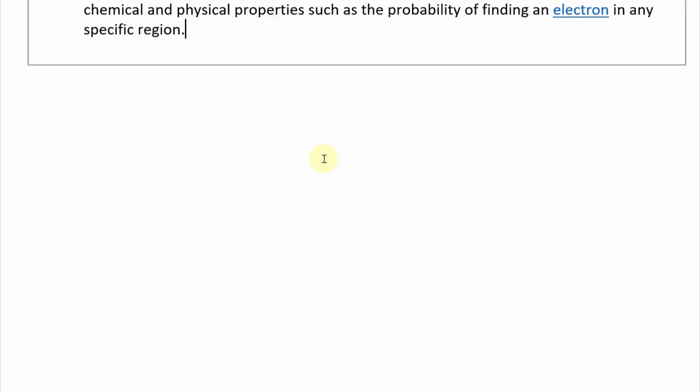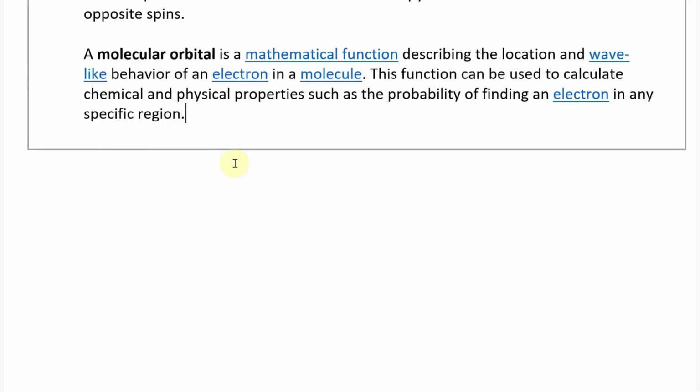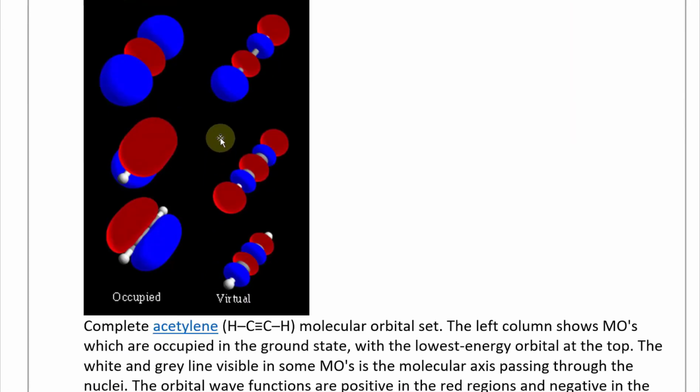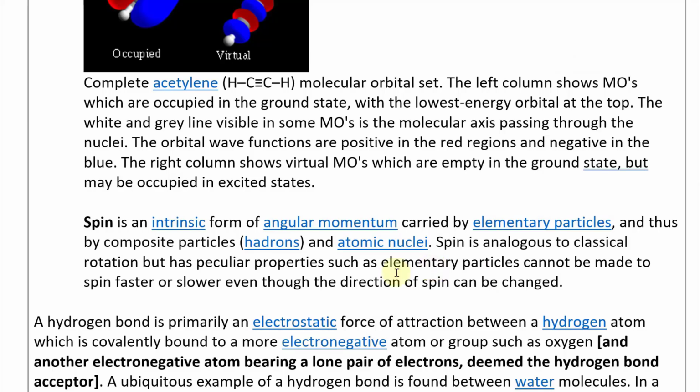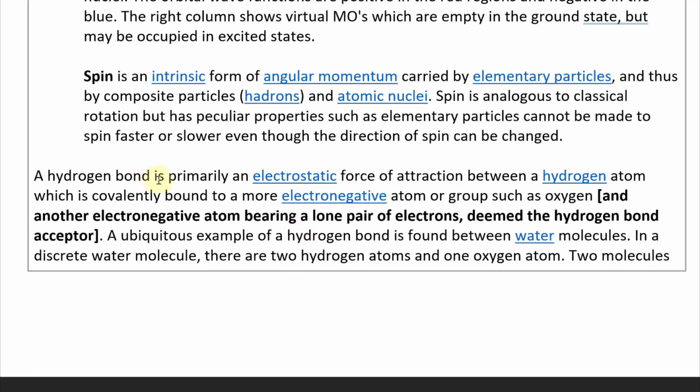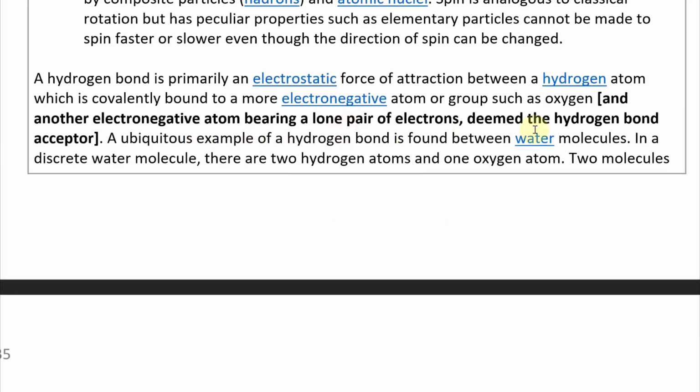So spin is similar to actual rotation, but with some caveats that make it different than conventional spinning, such as you can't speed them up on some of these particles. You just change the direction and so on. That's a very interesting take.